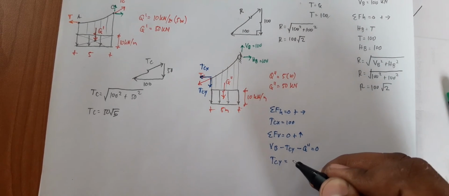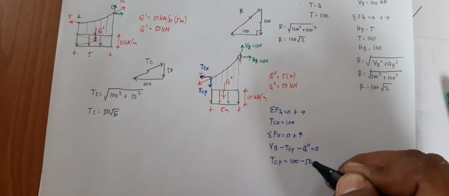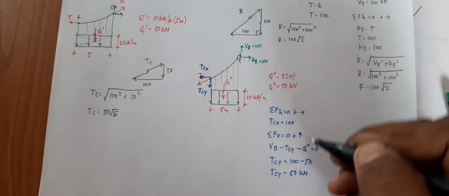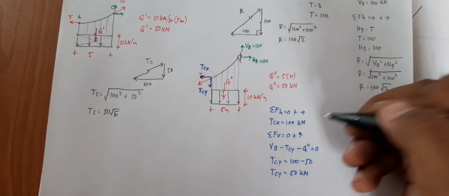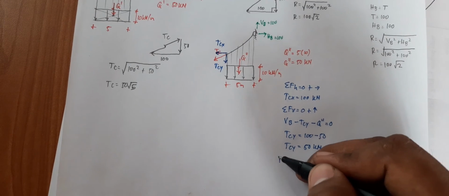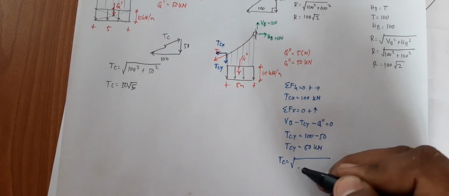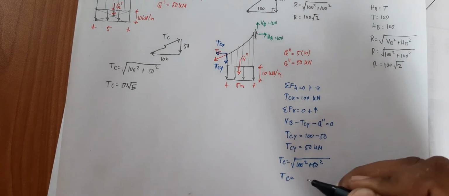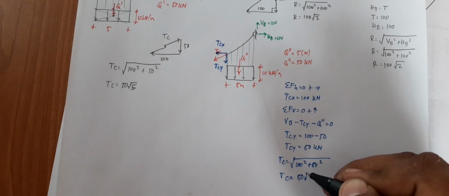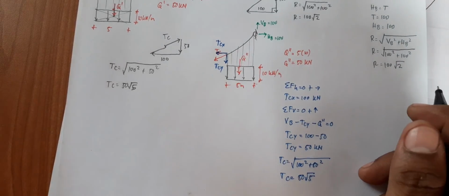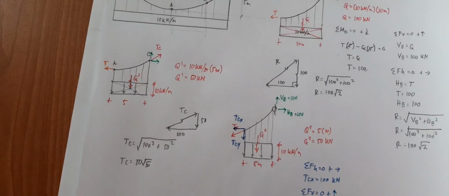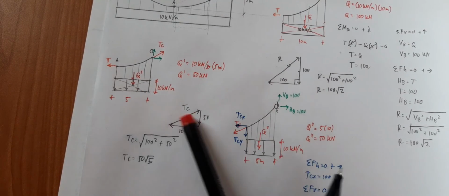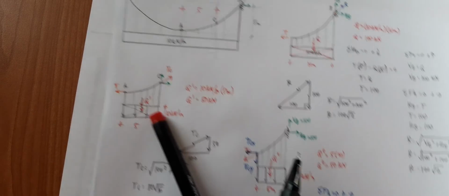TCY is equal to 100 minus 50, which will give you 50 kilonewtons. Therefore, you can calculate now for TC, equal to the square root of 100 squared plus 50 squared. So TC is the same, that is 50 square root of 5.